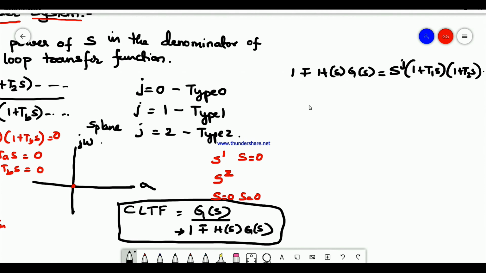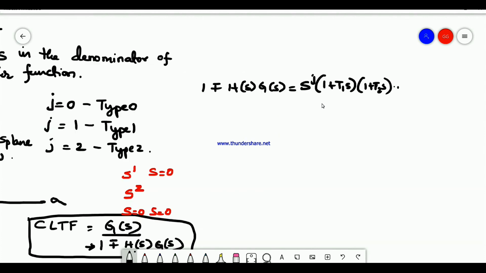Here, for the type of a system, we knew that for j equals 0, j equals 1 or j equals 2, we say the number of roots falling on the origin. Now think j equals 1 here, s to the power of 1.